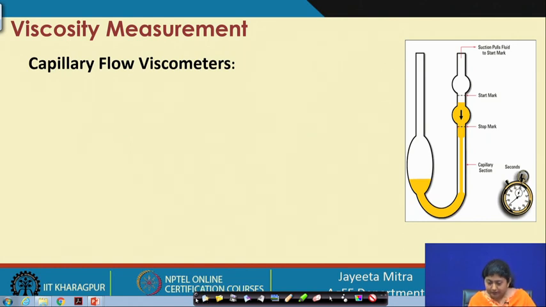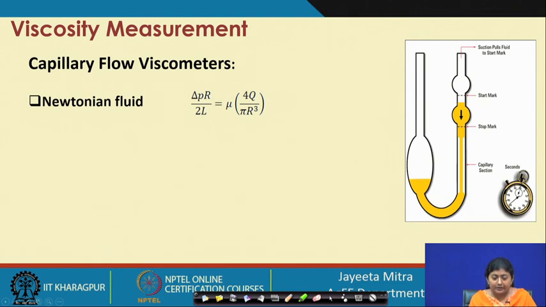So, we have established this relation for the Newtonian fluid, where tau w, that is delta P into R by 2 L, is equal to mu into 4 Q by pi R cube.